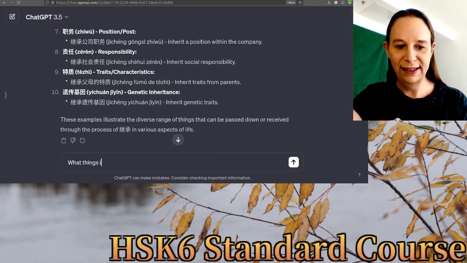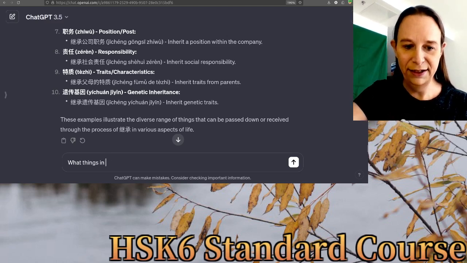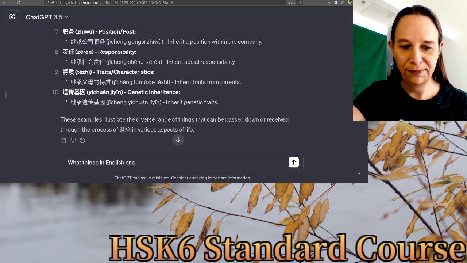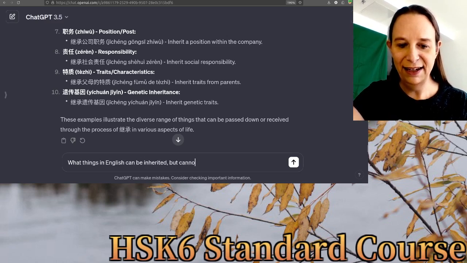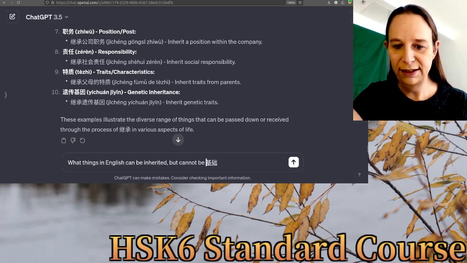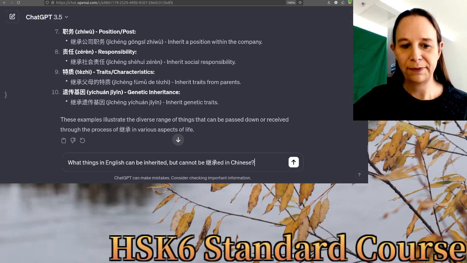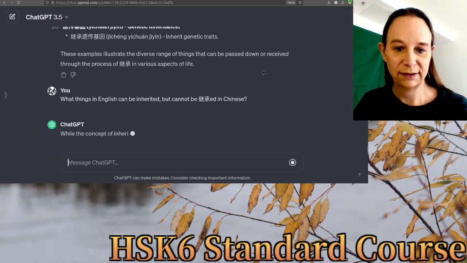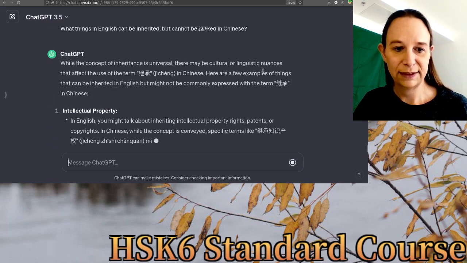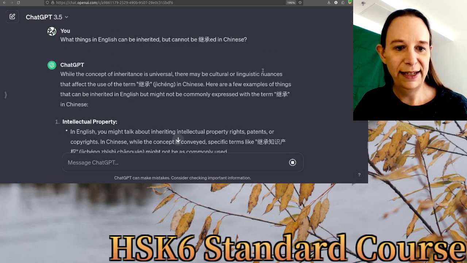What things in English can be inherited but cannot be 继承 in Chinese? Intellectual property.